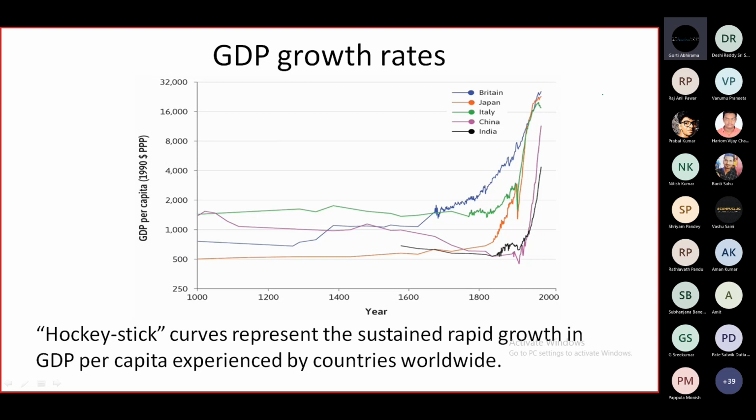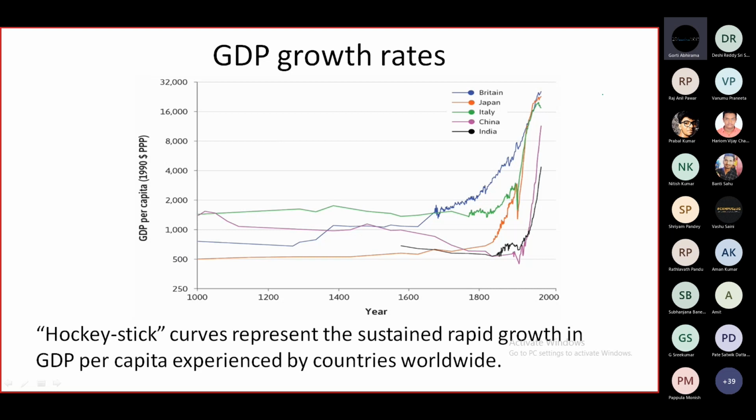And from those graphs, we learn two things. For a very long time, living standard did not grow in any sustained way. When sustained growth occurred, it began at different times in different countries, leading to vast differences in living standards around the world.